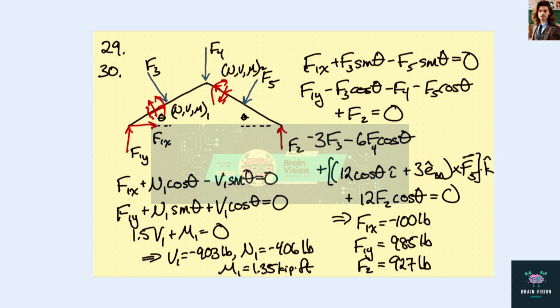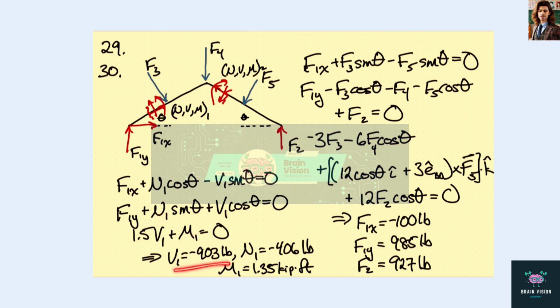In the y, we have F1y plus N1 sine theta plus V1 cosine theta equals 0. And then moments, the distance to the cut is 1.5 feet, so we have 1.5 feet times V1 plus M1 equals 0. And these 3 equations we can use to solve for V1, N1, and M1.